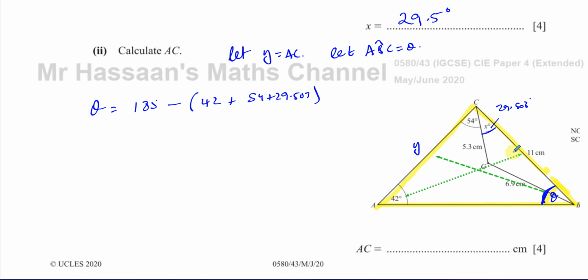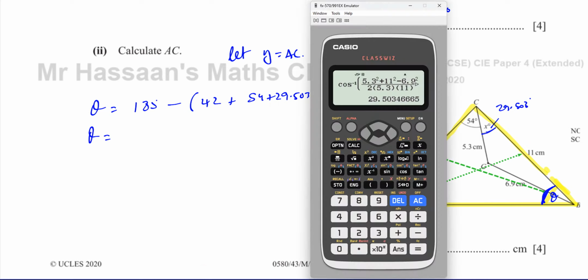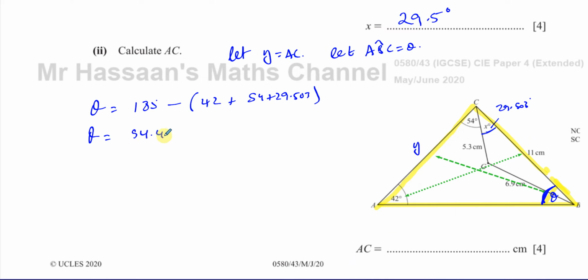So I take the angle that I had before, add it to 42, and do 180 minus that angle. And that gives me 54.4965. That's the angle over here, that's the angle that we found.